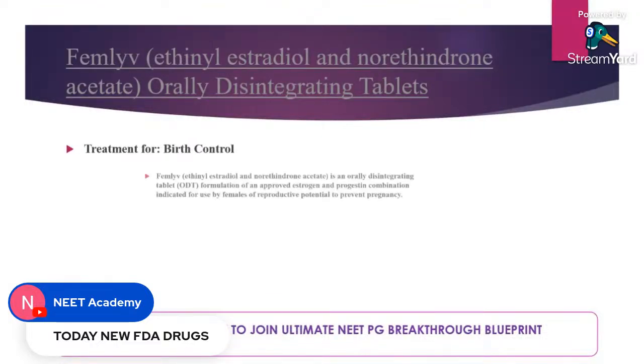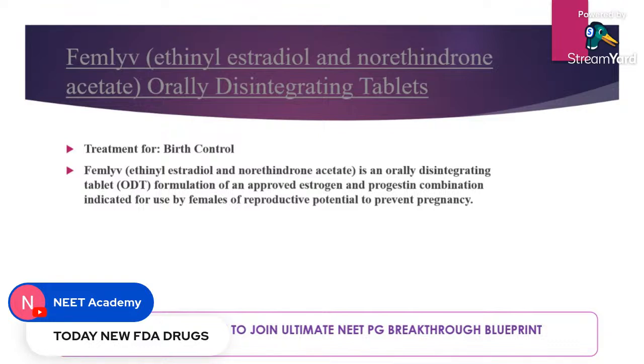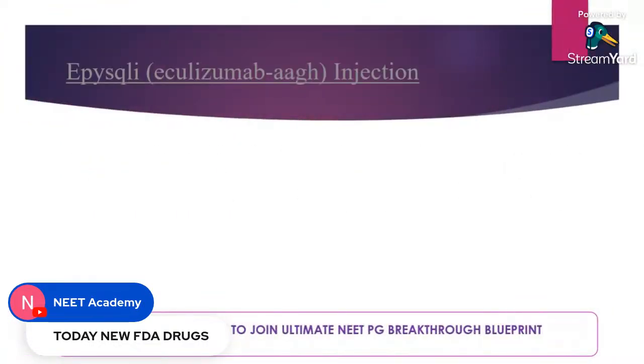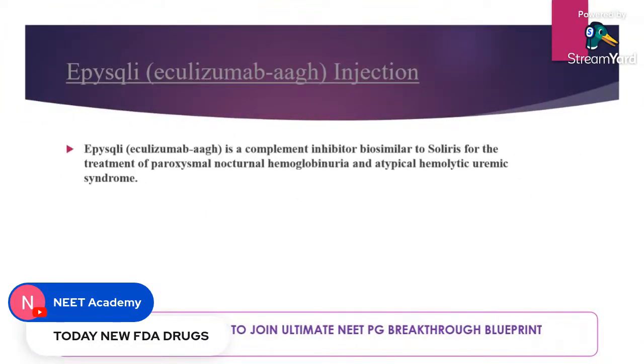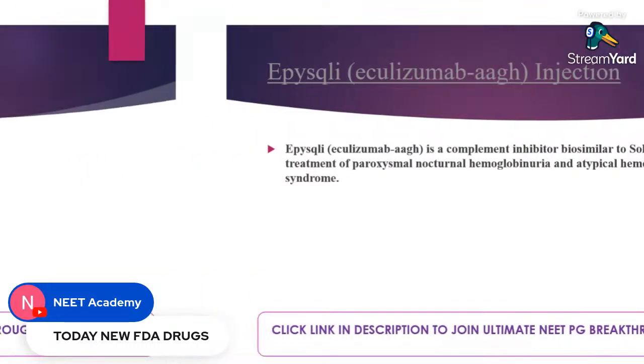Femlyv is used for birth control, an ethinyl estradiol and norethindrone acetate orally disintegrating tablet formulation of an approved estrogen and progesterone combination, indicated for use by females of reproductive potential to prevent pregnancy. Epysqli is a complement inhibitor biosimilar to Soliris for treatment of paroxysmal nocturnal hemoglobinuria, that is PNH, and atypical hemolytic uremic syndrome.